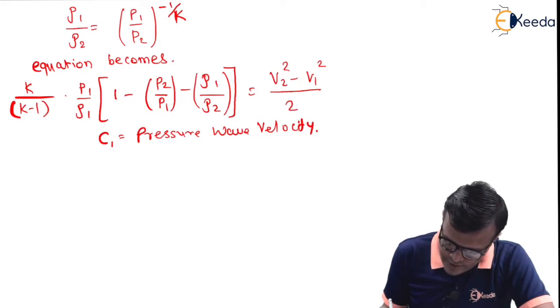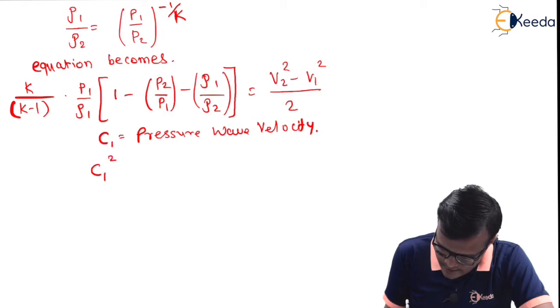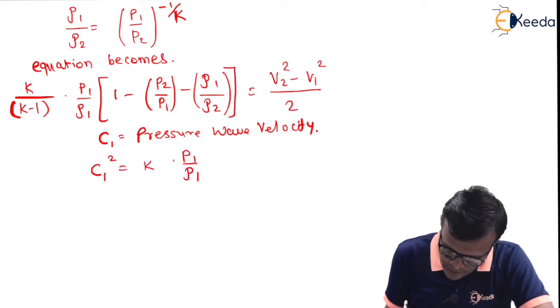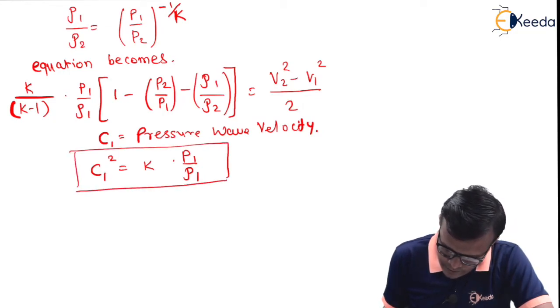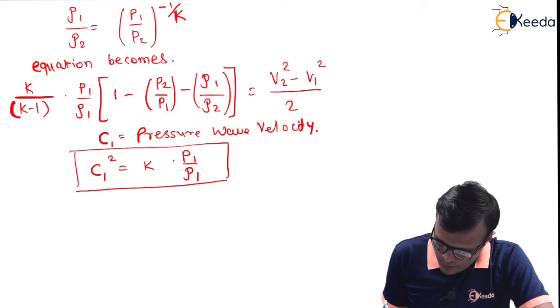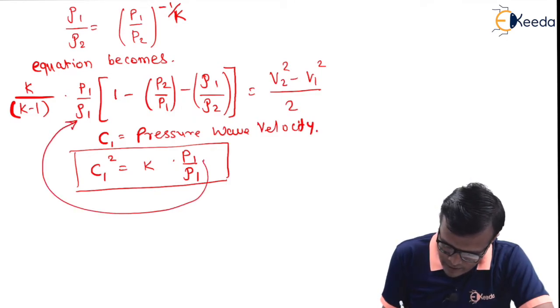To introduce c, we have to know the relation, and that relation is c1 square is equal to k into p1 upon rho 1. p1 upon rho 1 is already seen in our equation.